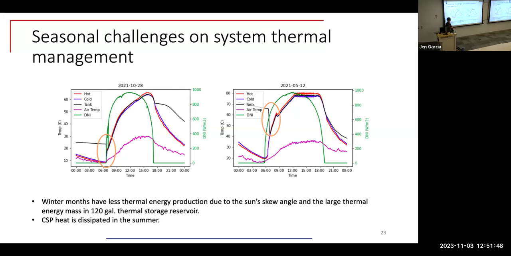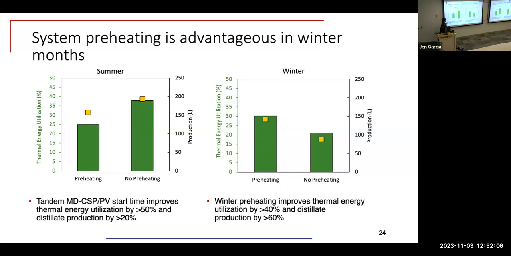So one of the things that we started to do was implement smart controls and thermal energy management by looking at additional phase change materials that we can add to our system, and strategies, so we're not dissipating any of that thermal energy. So we're using as much as possible. And if we look at our system preheating versus no preheating, we can see that in the summer months, it's not really beneficial for us to preheat our CSP system to a really high temperature.